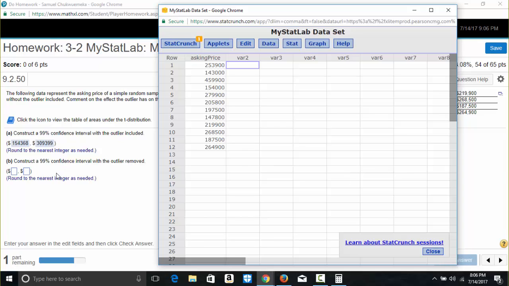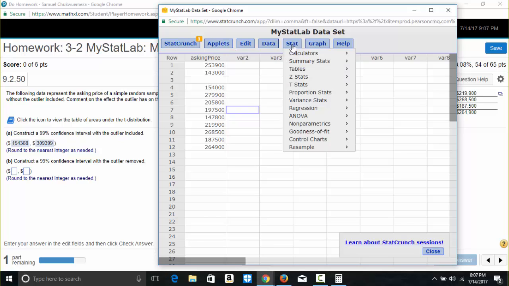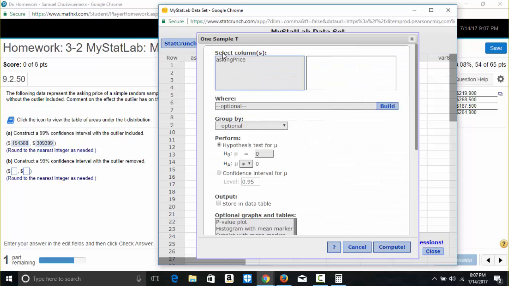Next question. Construct a 99% confidence interval with the outlier removed. So let's go ahead and delete this outlier, 459,900. Let's remove it. And let's construct another confidence interval. So T stats, one sample with data.